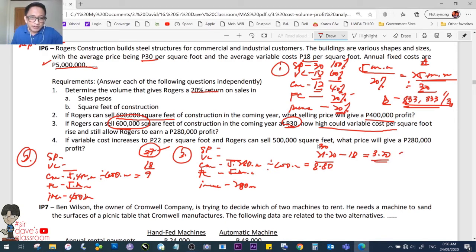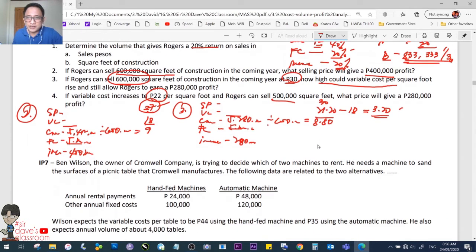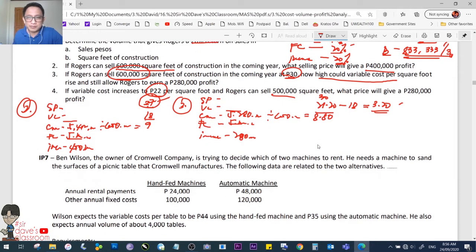Number 4, if variable cost increases to 22 pesos per square foot and the company can sell 500,000 units, what price will give a 280,000 profit? Di ganun pa rin. Alright? Selling price, variable cost, contribution margin. Alright, dito na lang, fixed cost. And then you have your income. Ilan daw ba gusto ulit? 280,000.